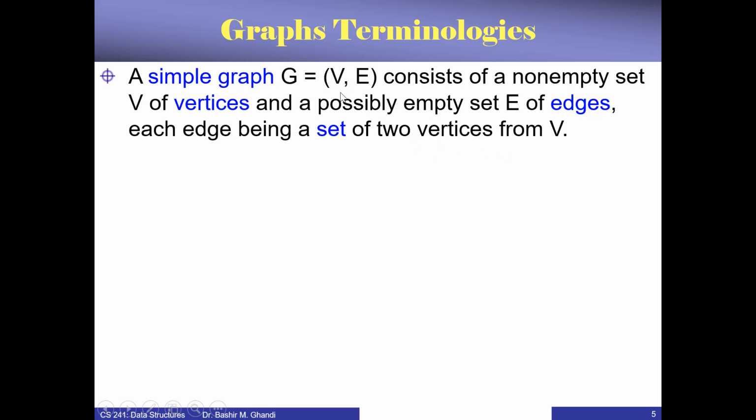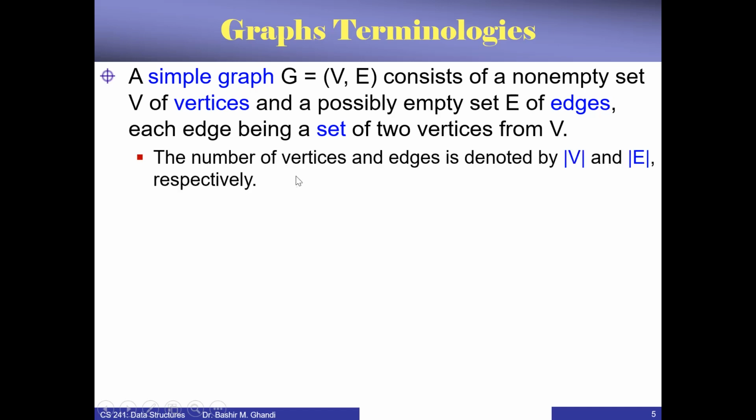As you can see, it consists of two sets: a set of vertices, which is called V, and a set of edges. In this particular case, the edge is considered to be a set of two vertices, the vertices that the particular edge is connecting. I will emphasize the meaning of set in this context in a moment.